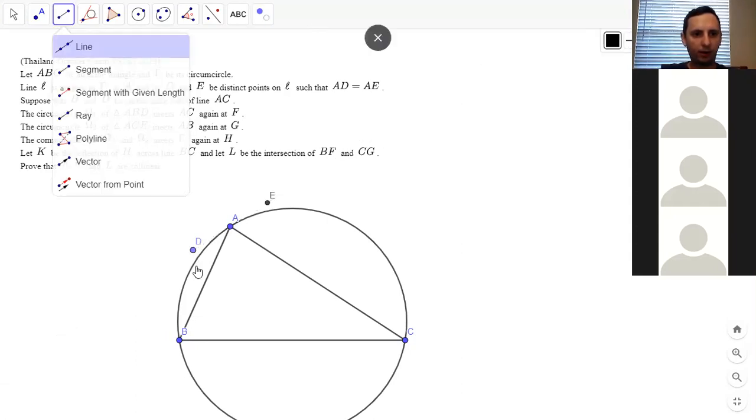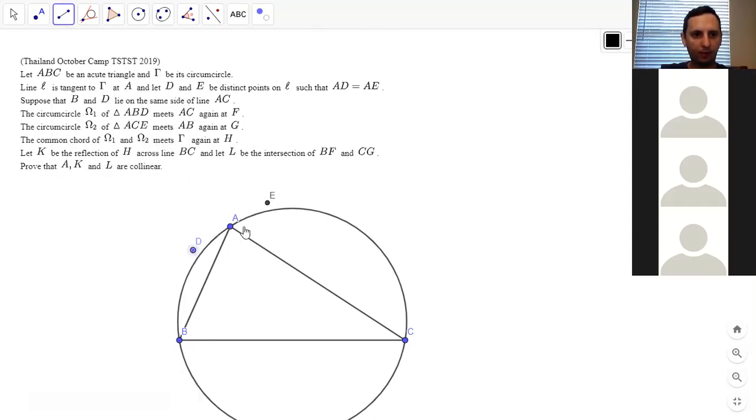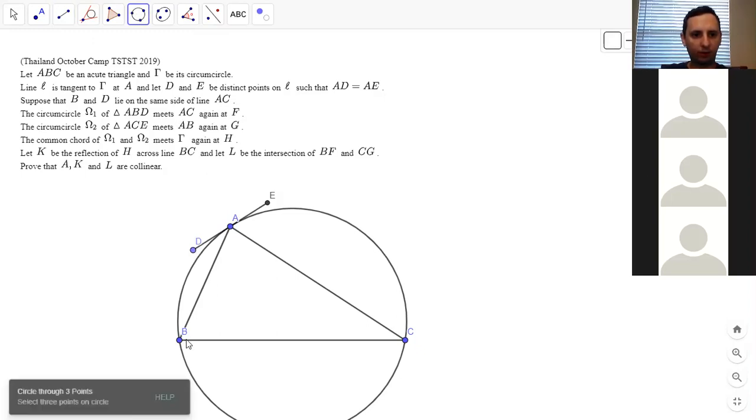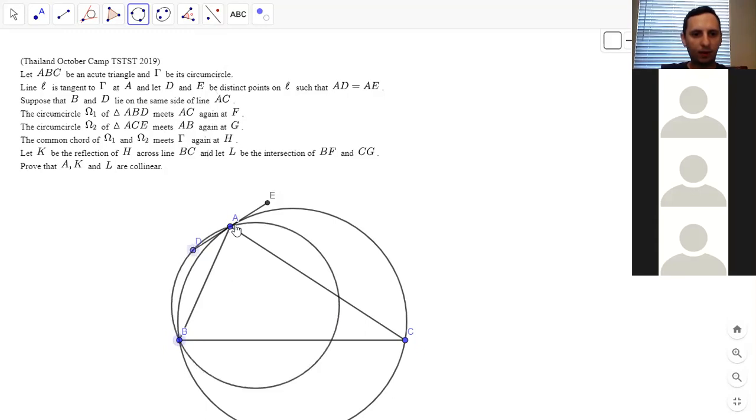So I'm going to hide some stuff. And then we take the circumcircles of ABD and ACE. So we draw the circumcircle of ABD and ACE, and we see where it meets the two sides.